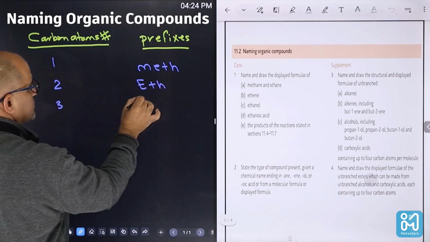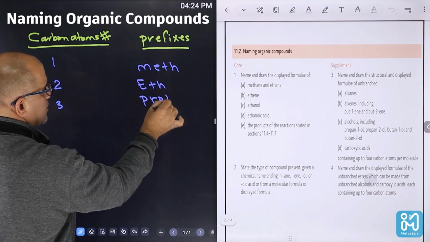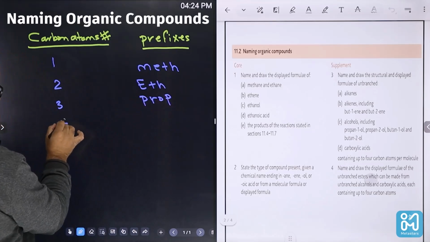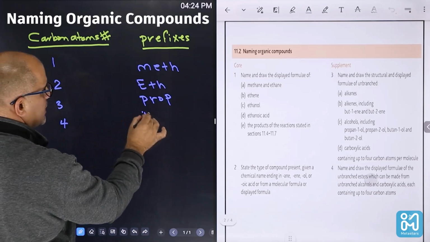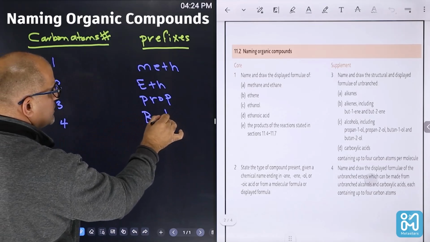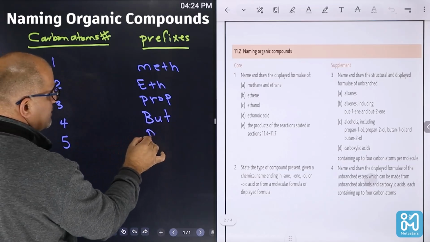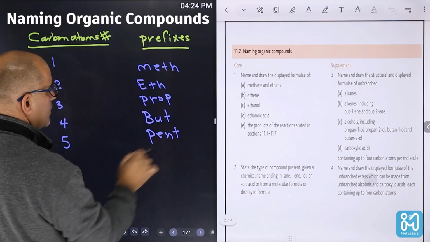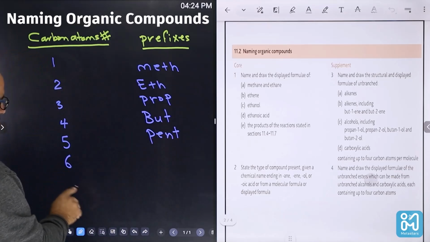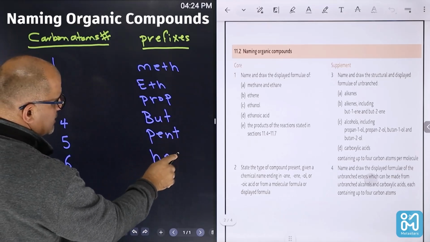Three carbons, prop. For four carbons, we use the prefix but. For five carbons, we use pent. For six carbons, it's hex.